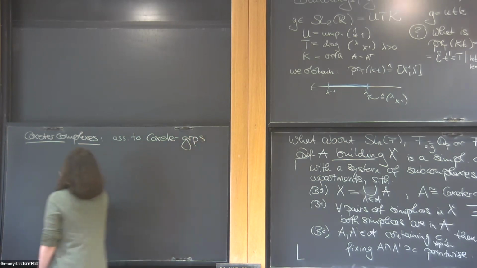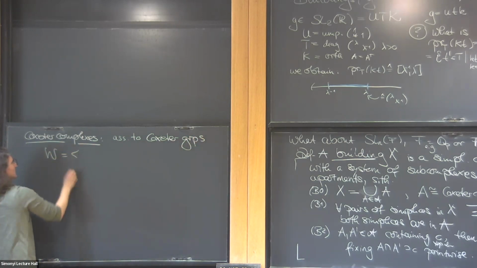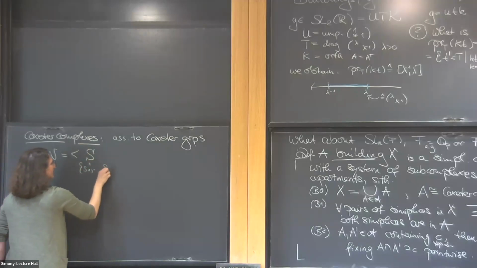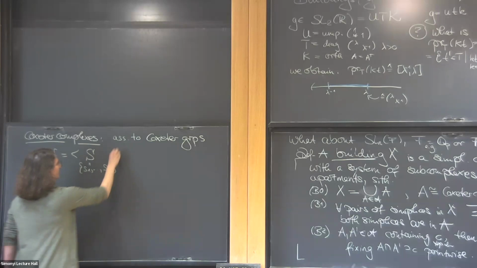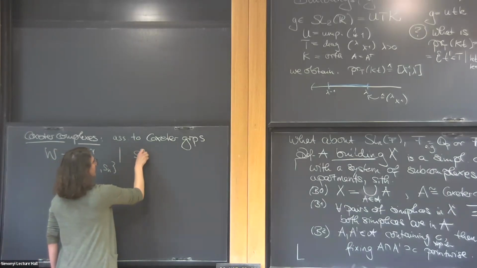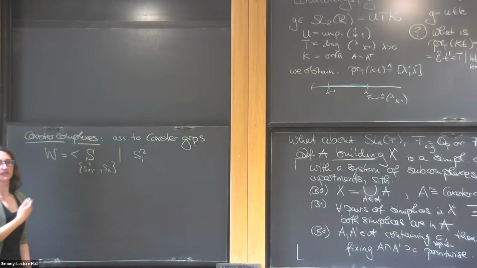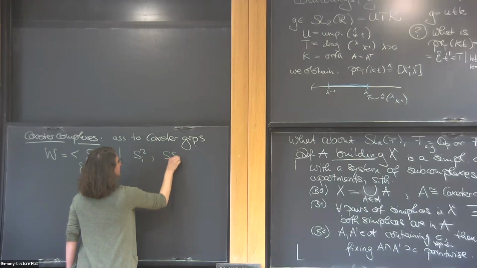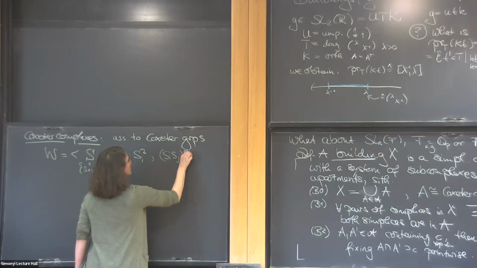And a Coxeter group is one of the following form. You have a finite generating set, S1 to Sn, and you ask that your generators are reflections, hence they're elements of order 2. And then you fix pairwise orders.